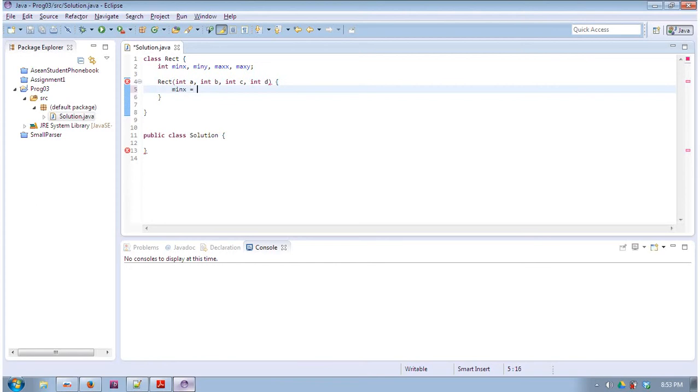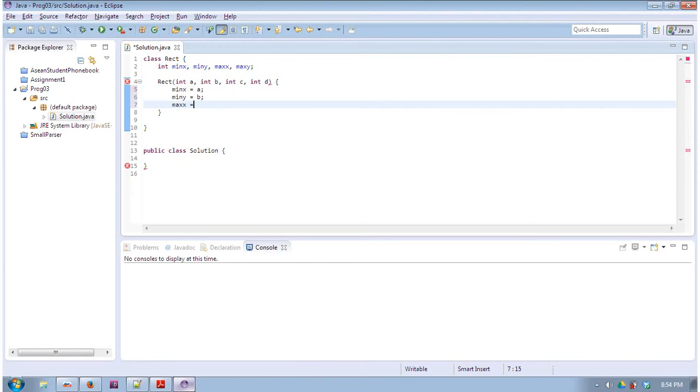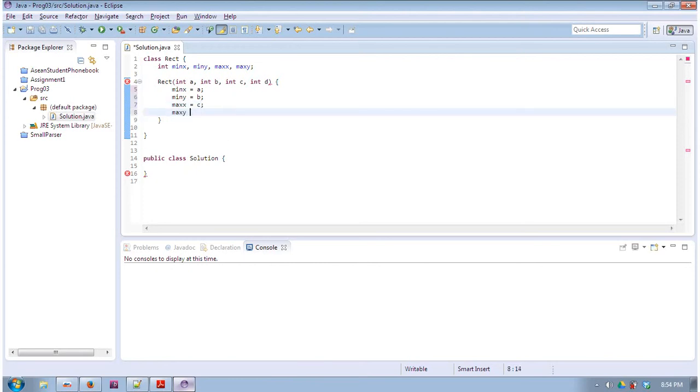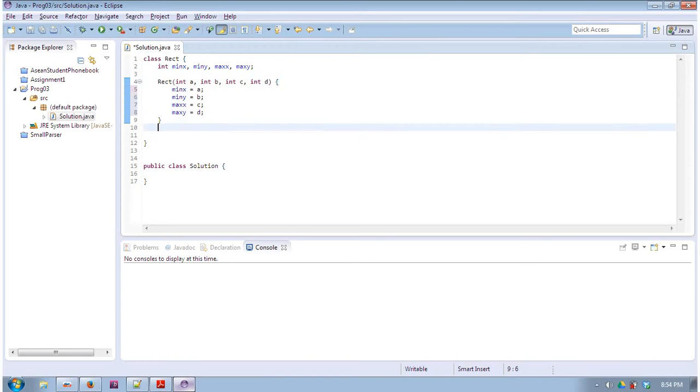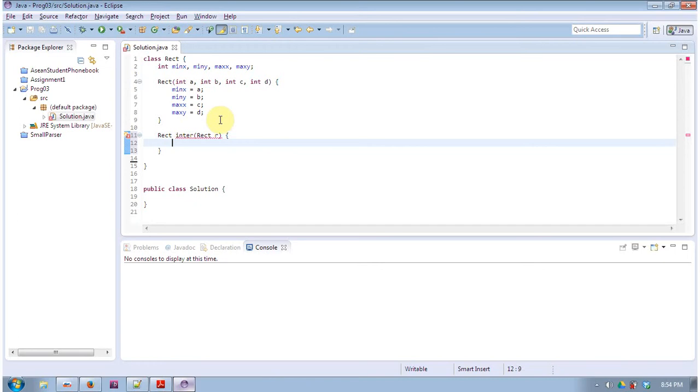Next, we define an intersection of a rectangle, wherein our output is another rectangle and our input is the second rectangle.